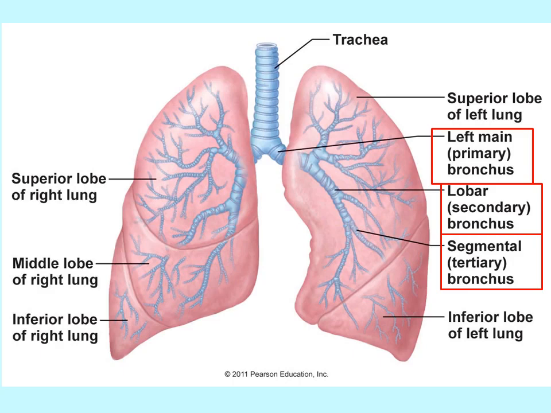In this diagram, you can see once the trachea has split, you form the primary bronchus. As it enters into the lung, it forms the secondary bronchus, and then the segmental or tertiary bronchus. Basically, it's like a tree, it keeps branching, and the diameter gets smaller and smaller.